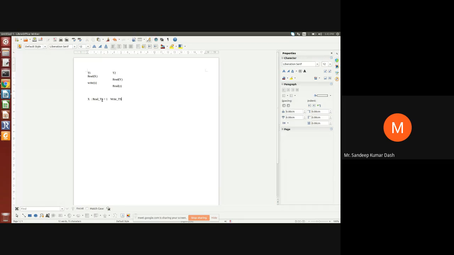So who is reading X? T1 is reading it at clock cycle 1. Suppose this is clock cycle 1, this is clock cycle 2, this is clock cycle 3, this is clock cycle 4. So at clock cycle 1, X is getting read by T1, so the read timestamp of X will be 1. Fine. At clock cycle 2, Y is not yet read by anyone else, so the read timestamp of Y will be 2.